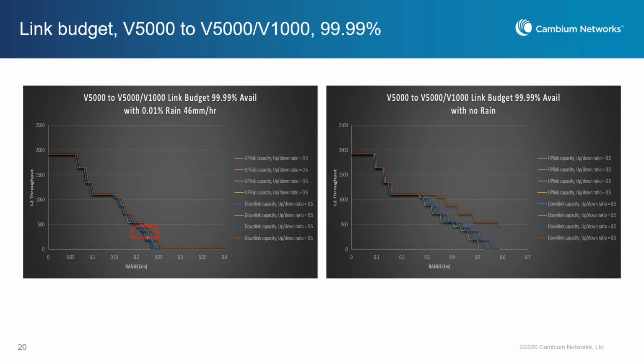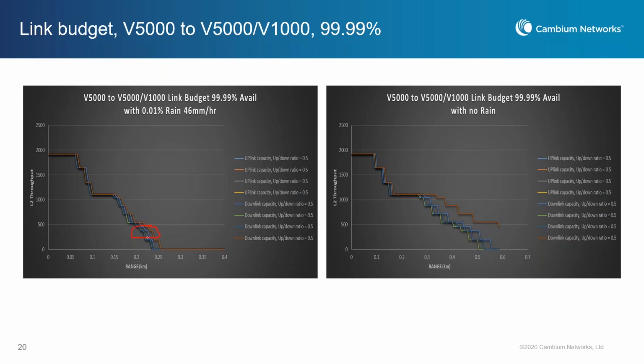This is the full night link availability with 46 millimeters per hour rain. This is a typical rain rate for the region, which covers a large area. If you look at your local rain rate, you can get some idea. If you're better than this, with less rain, you will get a little bit longer range.